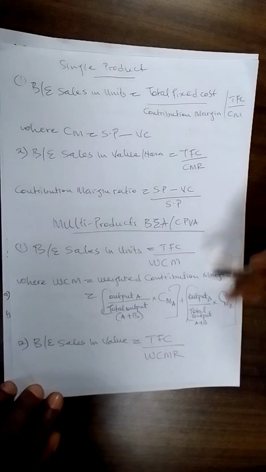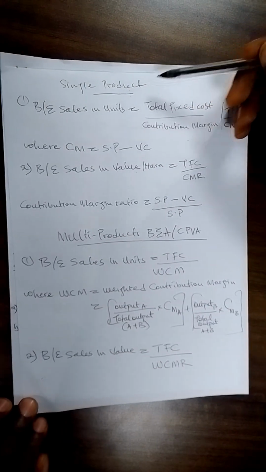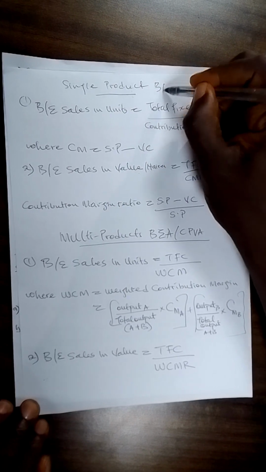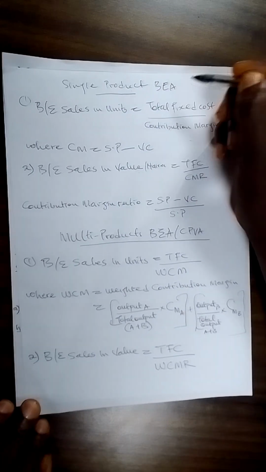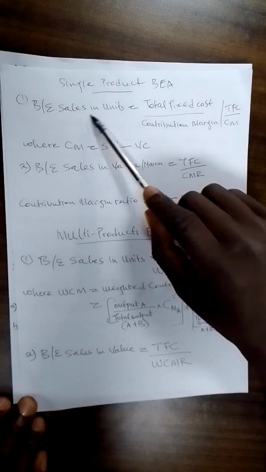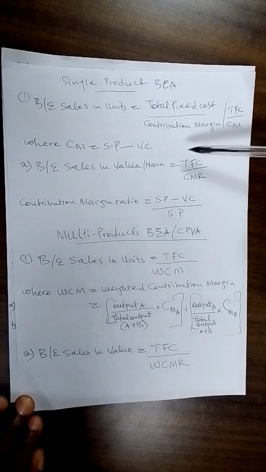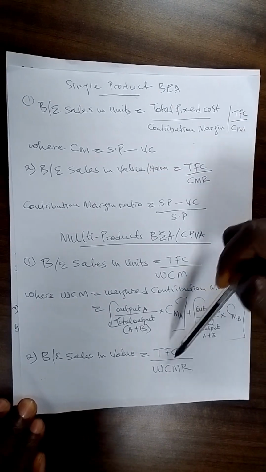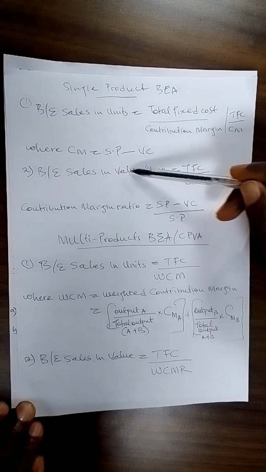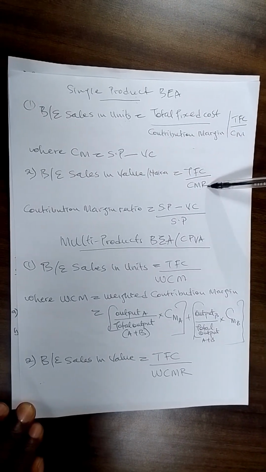Don't forget that in the single product break-even analysis, whenever we are asked to compute the break-even sales in units, we use CM, and when you are asked to compute the break-even sales in value, you use CMR.